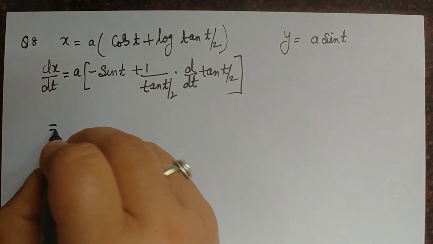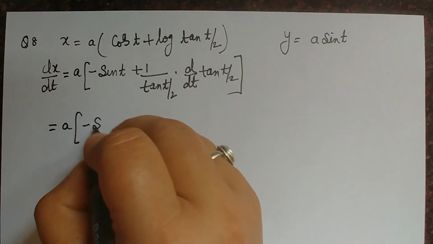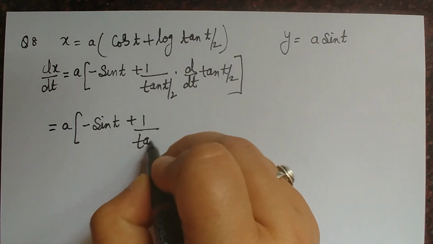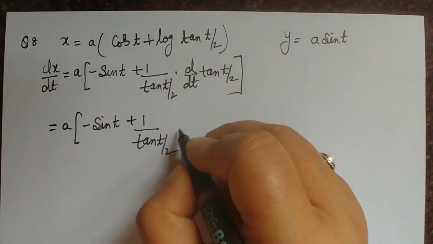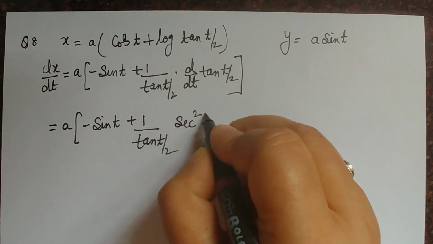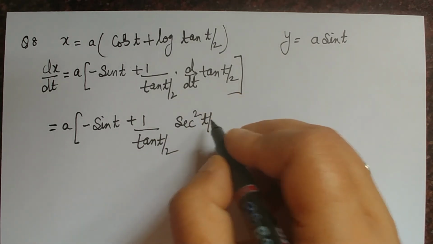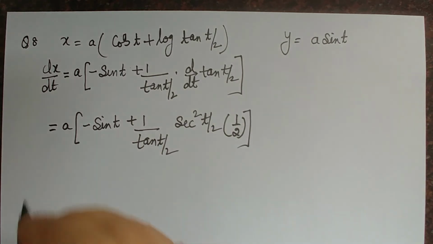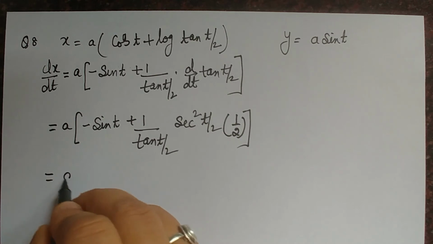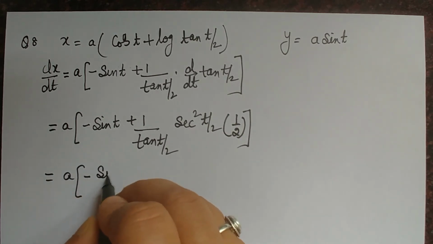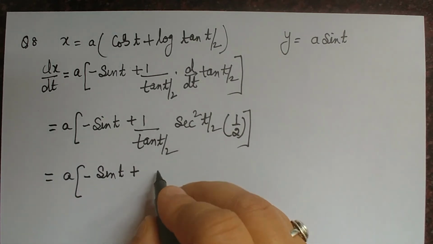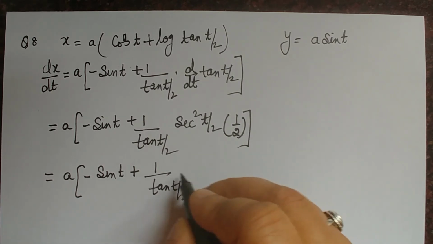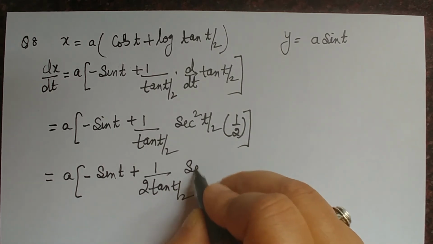This is equal to a times minus sin t plus 1 upon tan t by 2, secant square t by 2 (the derivative of tan is secant square), into d/dt of t by 2, which is half. So this is equal to a times minus sin t plus 1 upon tan t by 2 times half secant square t by 2.